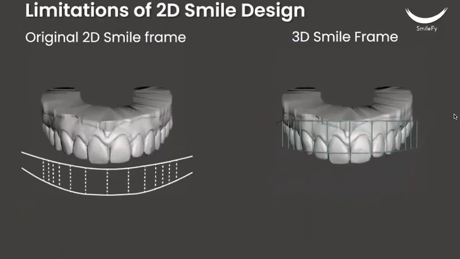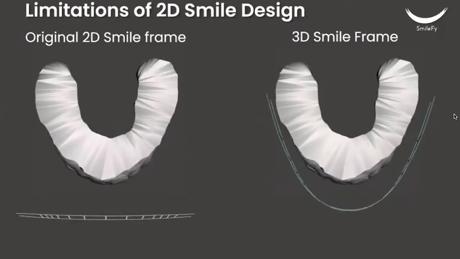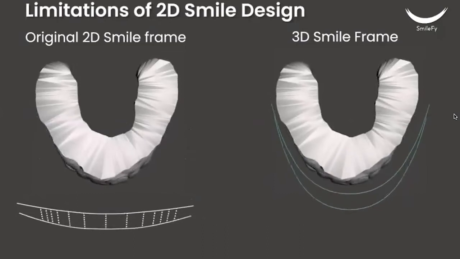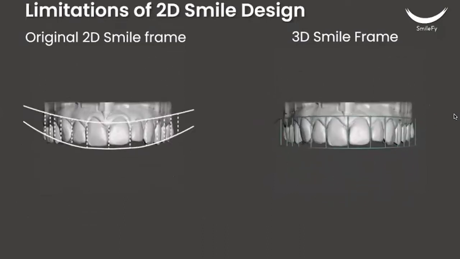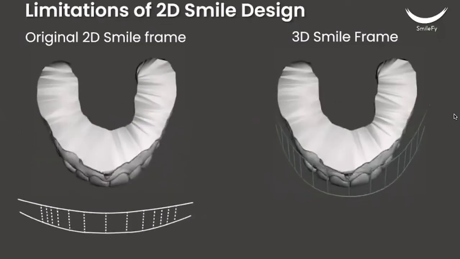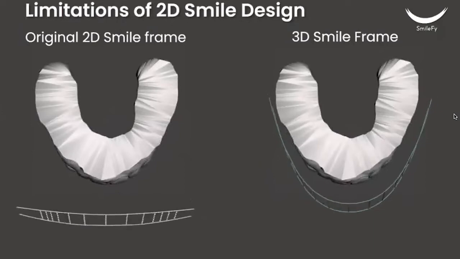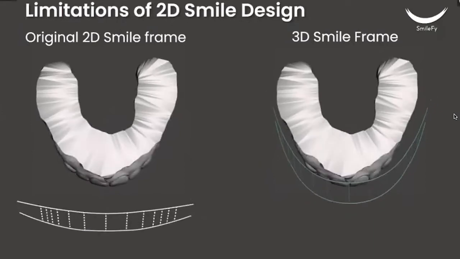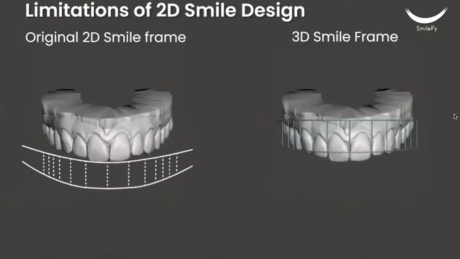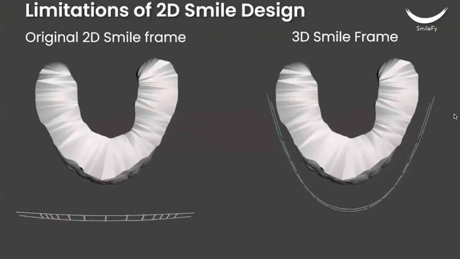When you have a SMILE frame that you see from a frontal view, and you place it over a patient's intraoral scan, which is a 3D format, just like our maxilla, you get discrepancies in distances, especially in the proportions of laterals, canines, and premolars, as well as the width of the design that you are creating.